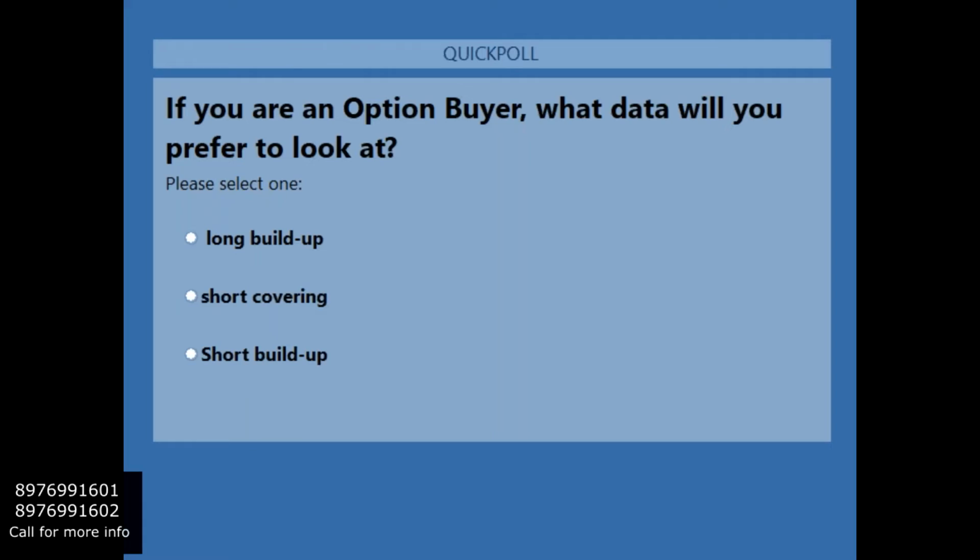The question I've created in the poll is: if you're an option buyer, what data will you prefer to look at? The options are long build-up, short covering, or short build-up.